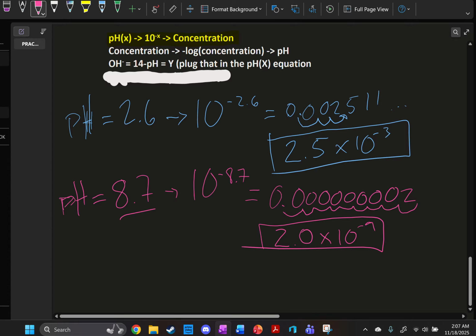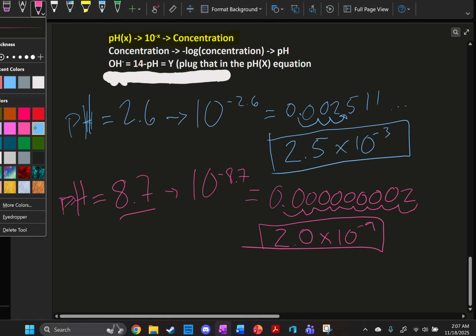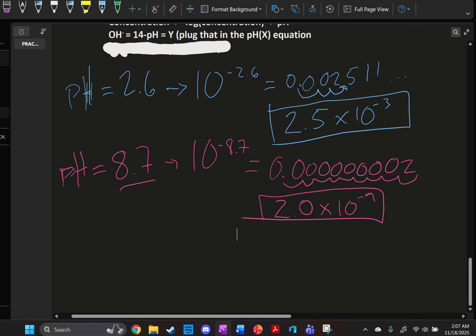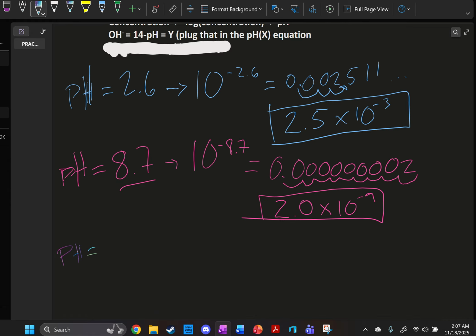Okay? Now, just for funsies, let's do one additional one, and let's do this galaxy one. Sure, let's have some fun with this. So let's say our pH is something really big.